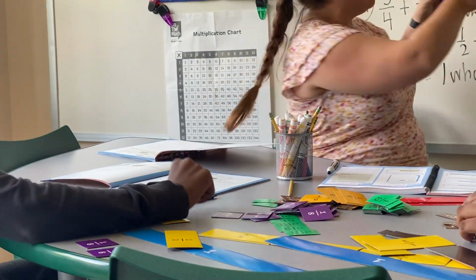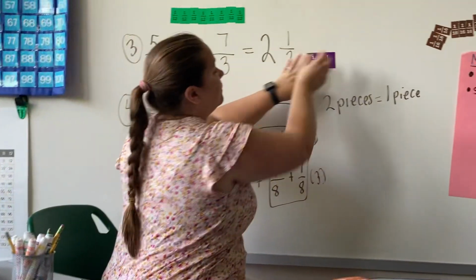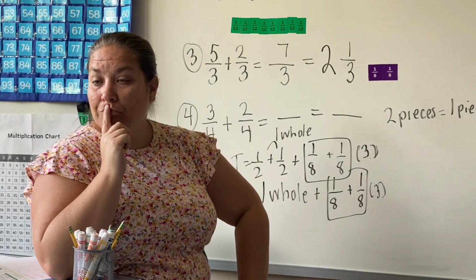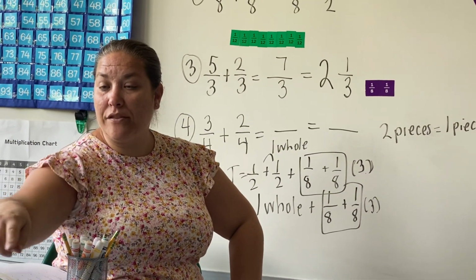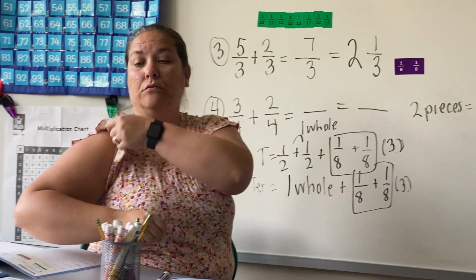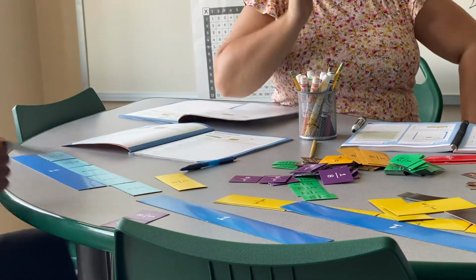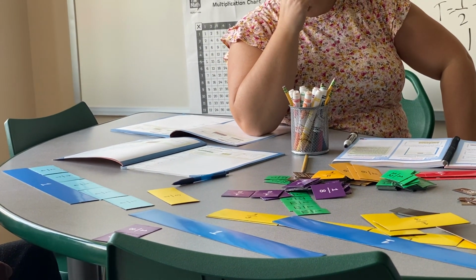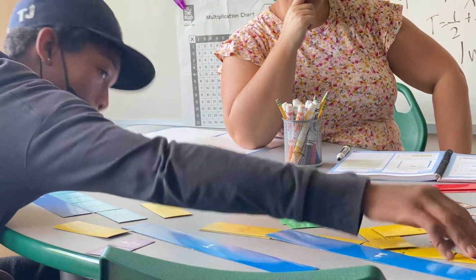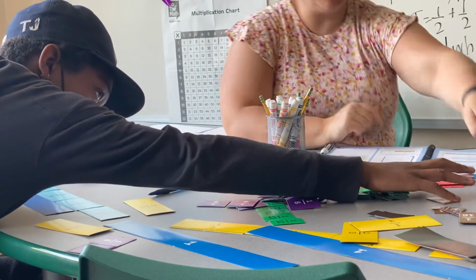What piece could be equivalent or equal to 2/8? 1/4. Oh, wait. What 2 pieces would be equal to this? 1/3. Cover yours up. All right, try it. Not close, but you're close. What else could we use?